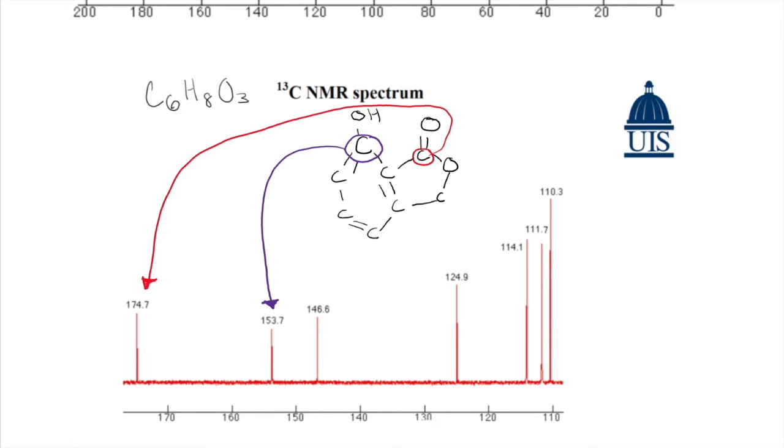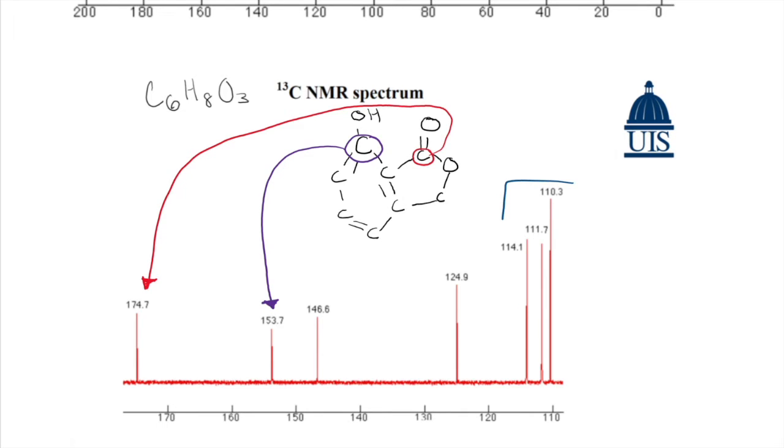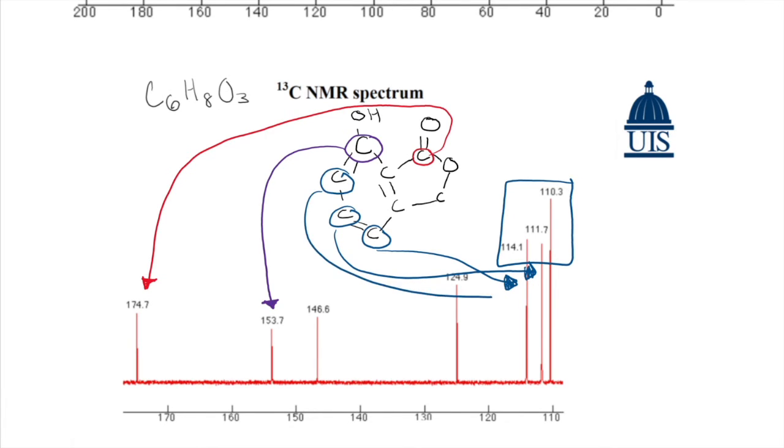Next we can see we have these three here, which are very similar. So we're going to draw these ones that are on the benzene ring to those three peaks.